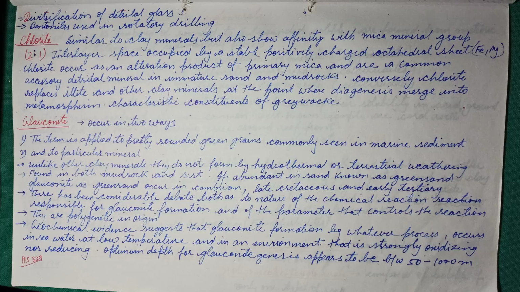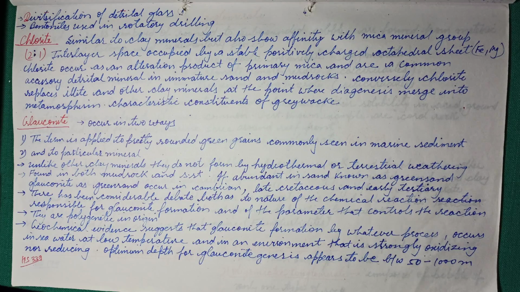Okay, there will be interlayer spaces, and this interlayer space is occupied by the stable positively charged octahedral sheets of iron and magnesium. These chlorites contain iron and magnesium ions in the interlayer spacing.